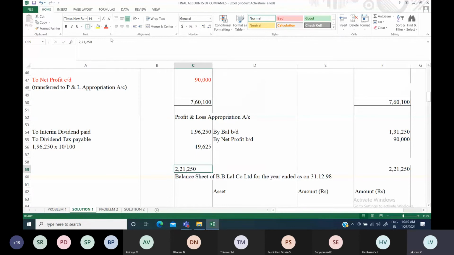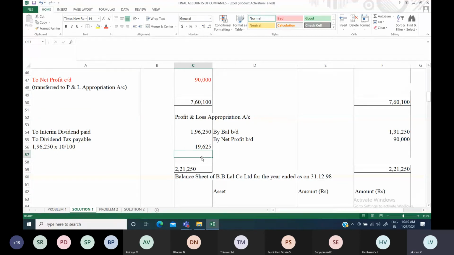So how much balancing figure are you getting, you just find out that one. From 2,21,250 you have to subtract 1,96,250 and 19,625 and just find out how much amount you are getting. That is the surplus amount which has to be transferred to the balance sheet. 2,21,250 minus 1,96,250 minus 19,625.